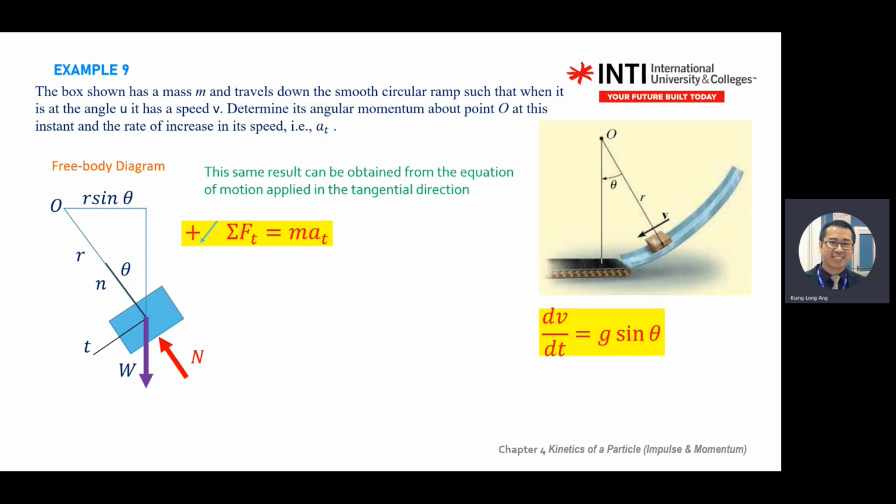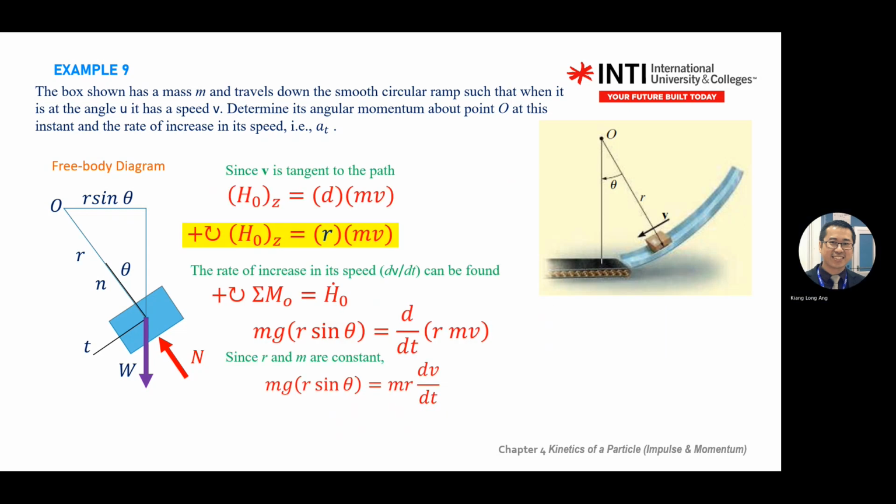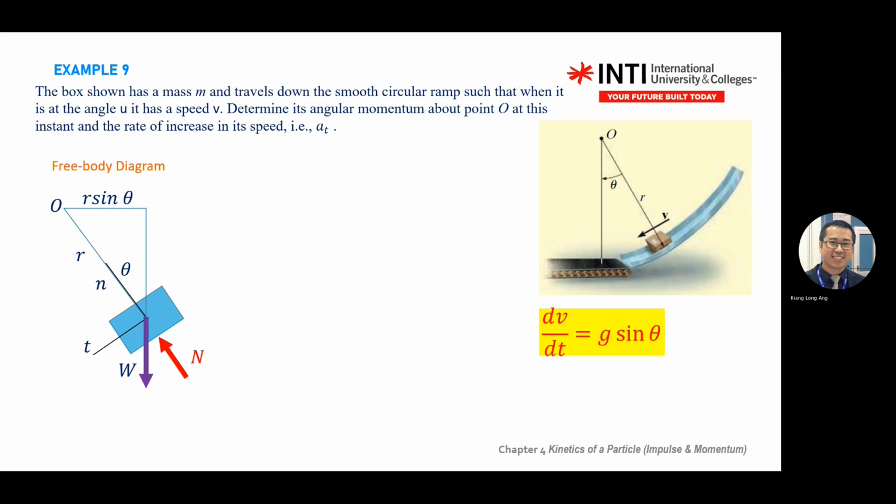Just now was using this one, moment equal to change of your angular momentum. For your second test or final exam, you'll be told to use this approach, and prove your answer with F equal to ma.